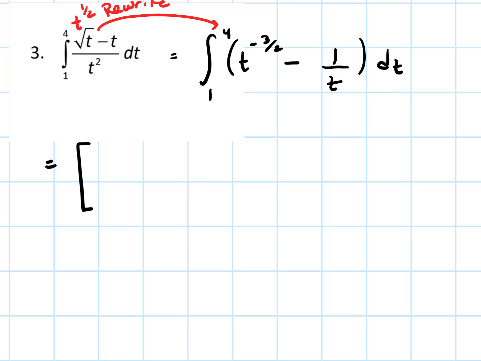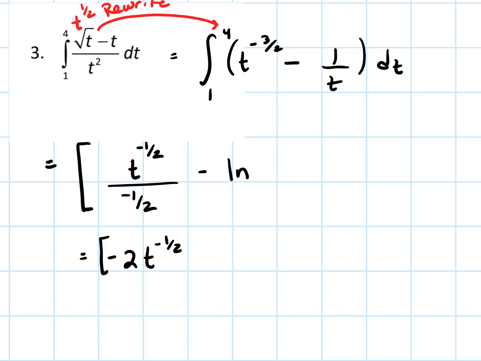So t to the negative 3/2 becomes t to the negative 1/2. And now I would be dividing by negative 1/2, but dividing by negative 1/2 is the same as multiplying by negative 2. So on the next line, I'm just going to go ahead and write that. And then minus 1 over t is minus the natural log of the absolute value of t.